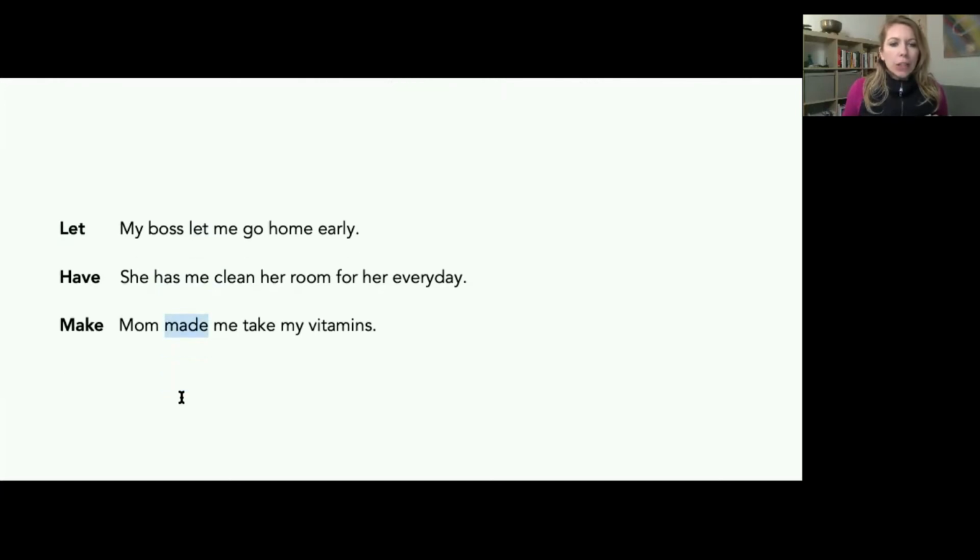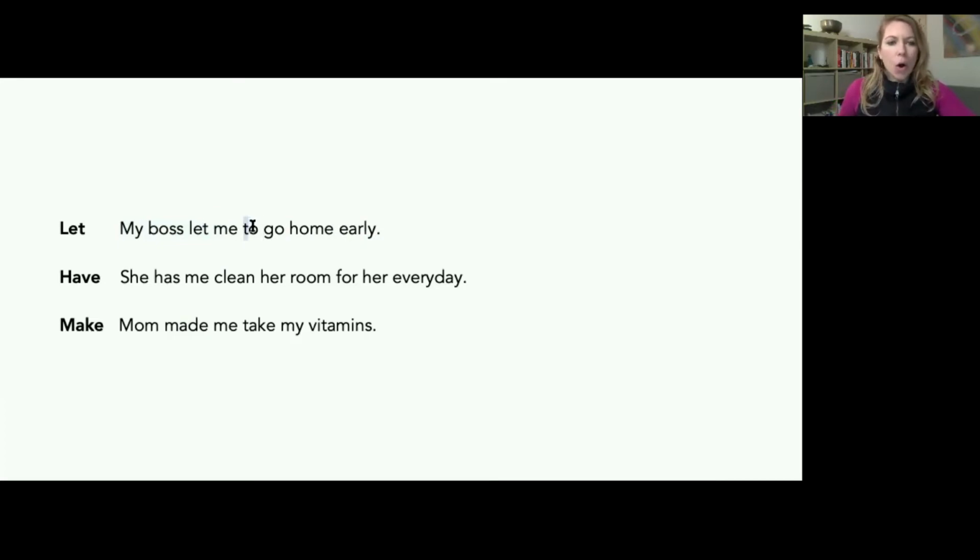So let's look at the structure, because the reason I'm presenting this grammar point is that there are a lot of mistakes that I see when students want to use let. The biggest mistake I will tell you right now is this: my boss let me to go home early.